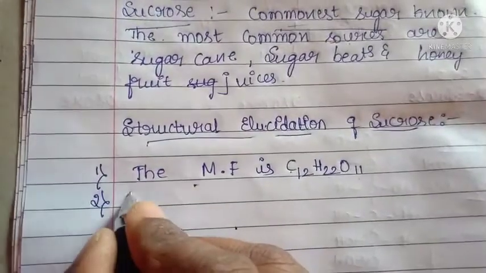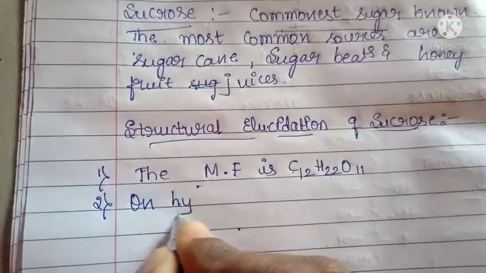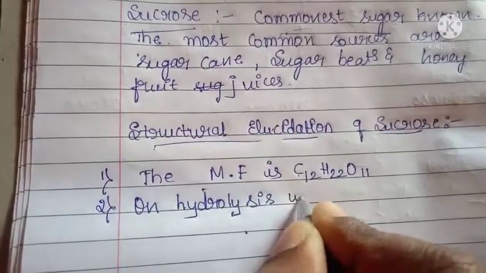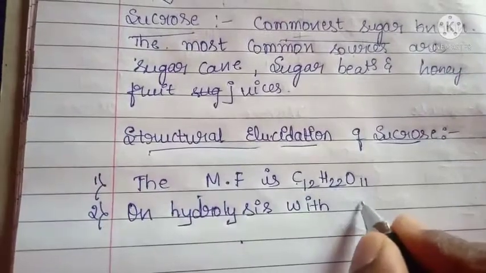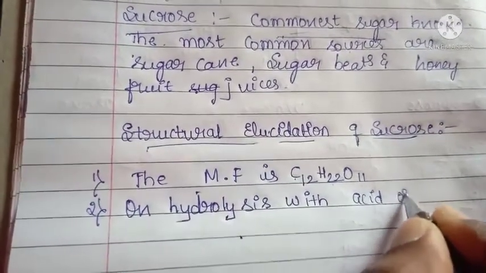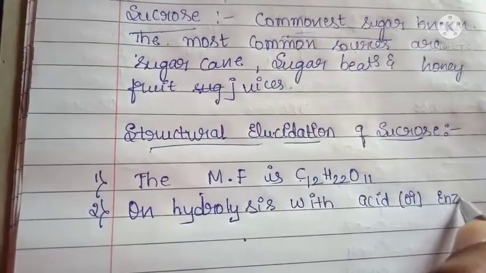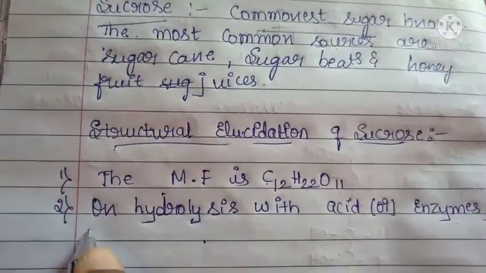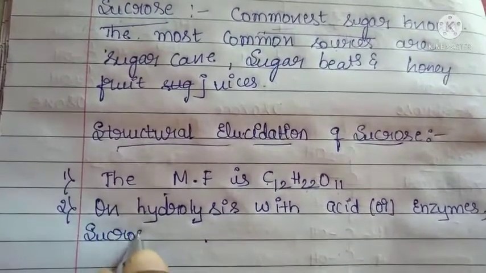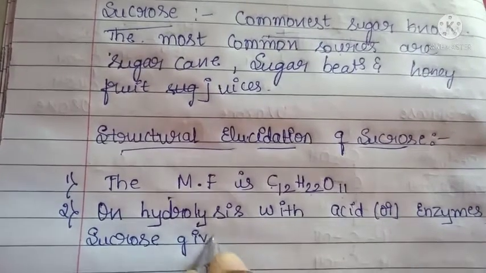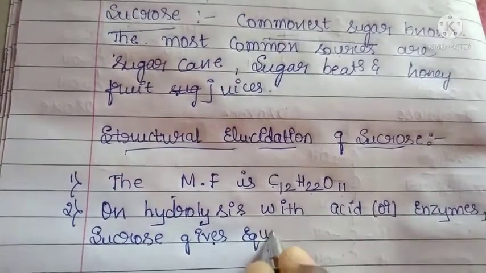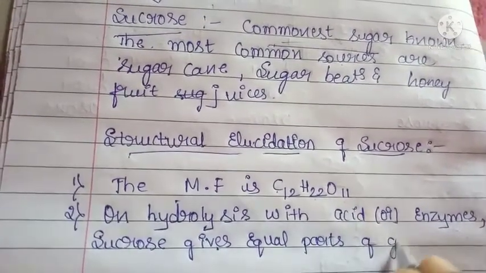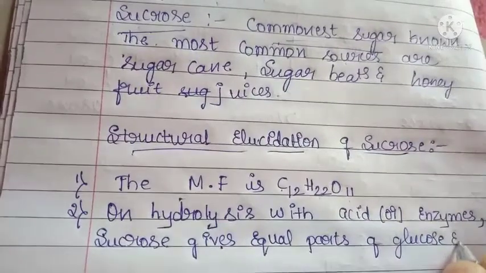Okay, and then sucrose is hydrolyzed. On hydrolysis with acid or enzymes, whatever it may be, sucrose gives equal parts of glucose and fructose.